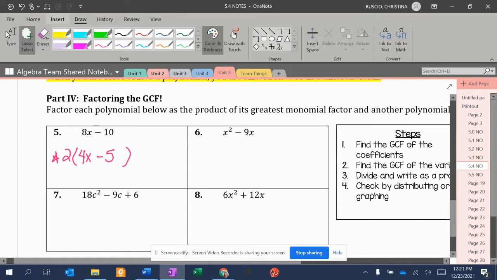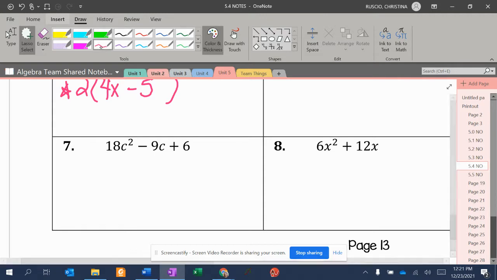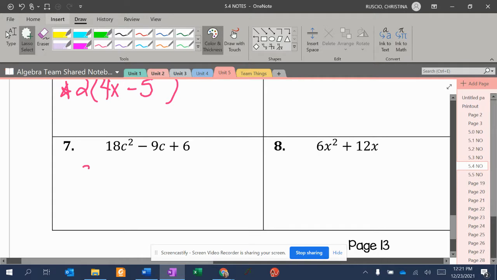Okay, I'm going to do number 7 next. So what number is common to 18, 9, and 6? What number can divide evenly into 18, 9, and 6? What is the biggest one? If you said 3, you are correct. Notice how not all of my terms have C's, so I can't have a GCF of 3C.